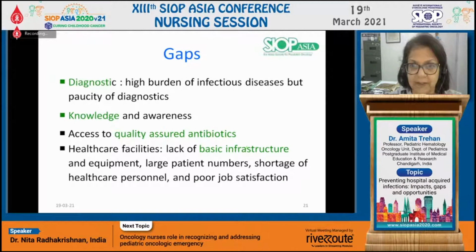Healthcare facilities: there's lack of basic infrastructure and equipment in a lot of hospitals. Some of us are very fortunate to be working in hospitals where everything is available and it's good. But there are a lot of us who do not work with such good infrastructure, and we have to cope with large patient numbers, shortage of doctors, nurses, other staff, poor job satisfaction.